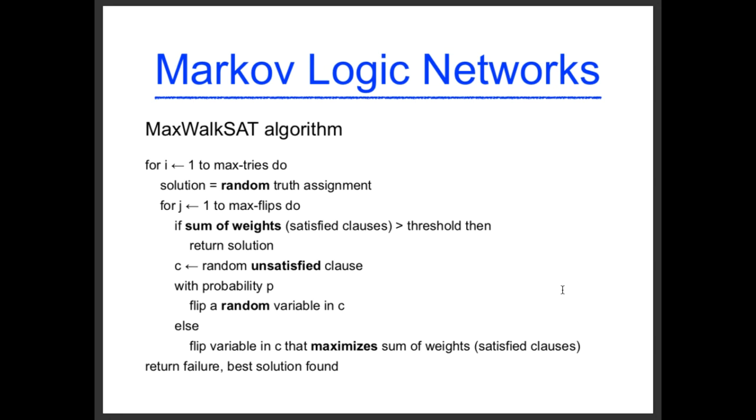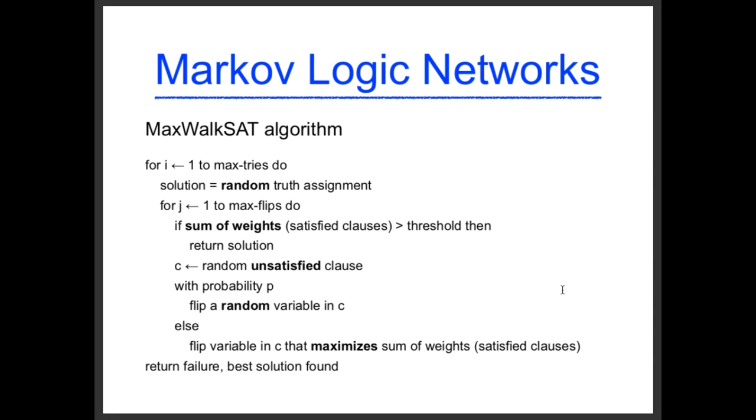You randomly choose the clause and you randomly choose also the atom in the clause. Otherwise, with probability 1 minus P, you flip the variable in C that brings you the greatest gain, which maximizes the sum of weights of the satisfied clauses.